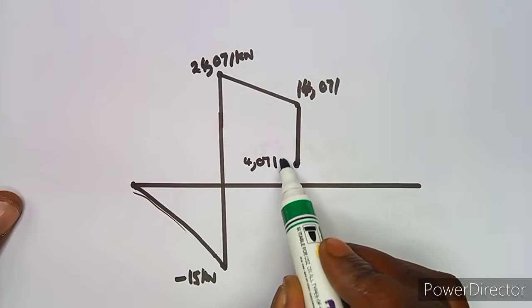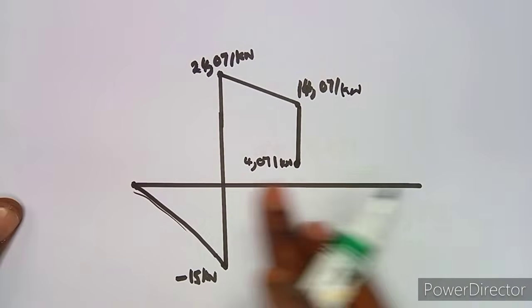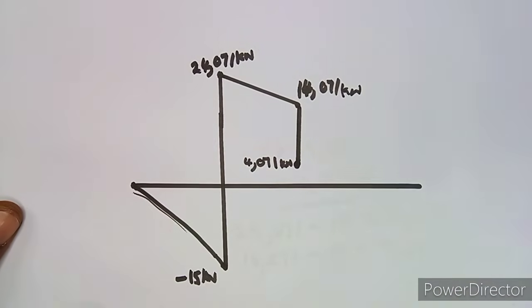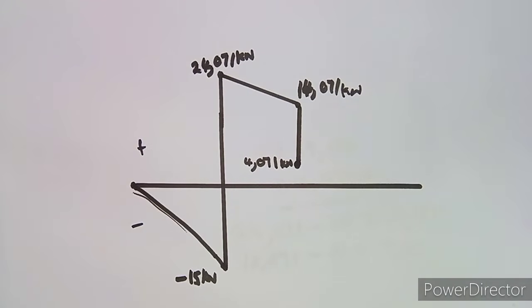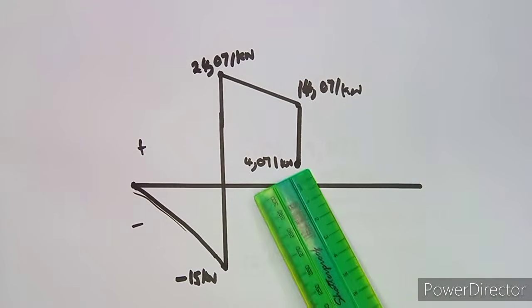We are just assuming, because remember, above the line it's positive, below the line it's negative. So that's what you're supposed to take note of here. Above it's positive, below it's negative. So 4.071 is still above the line, it's not below.